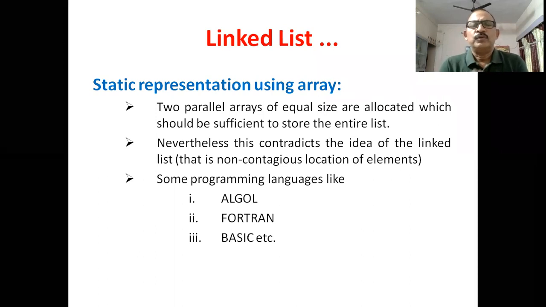Suppose you want to implement a linked list in Proton, and Proton does not support dynamic memory management. In that language you can take the help of arrays. With the help of arrays, you can implement a linked list in a language which does not support dynamic memory management.